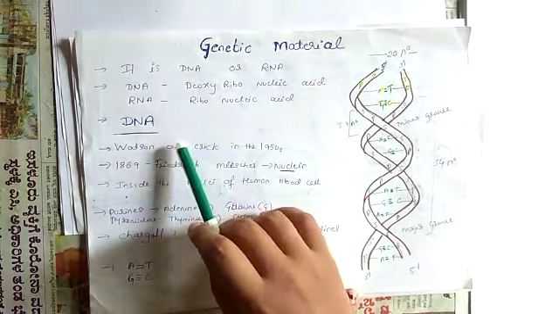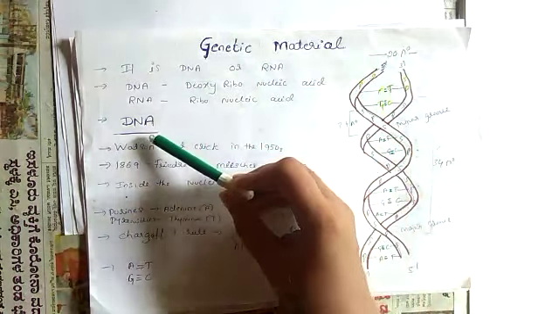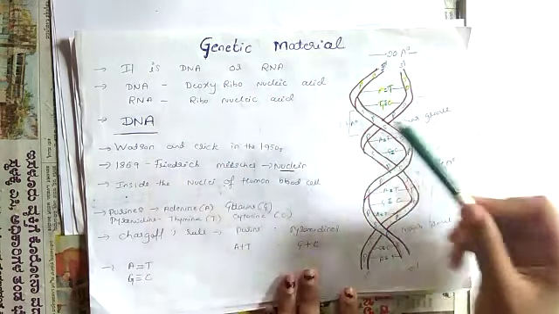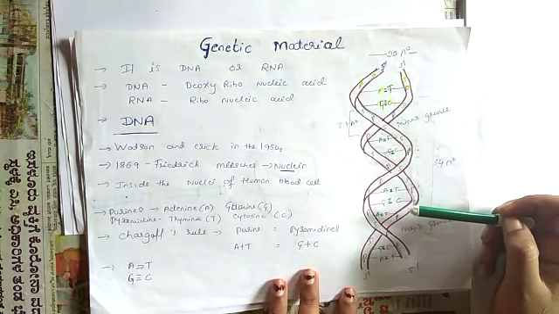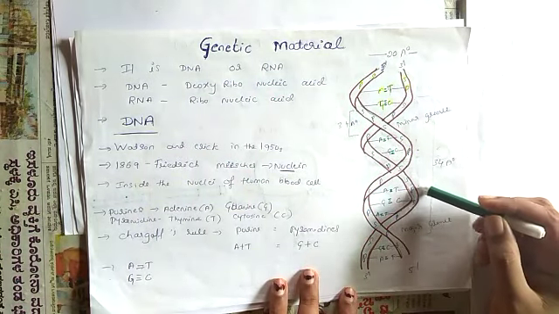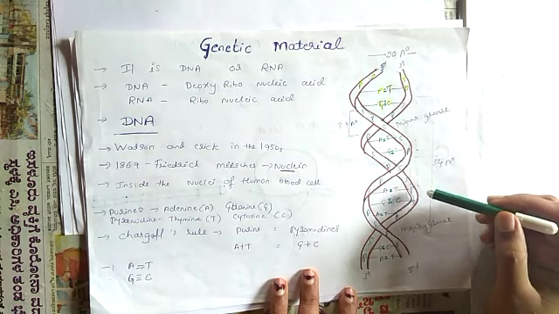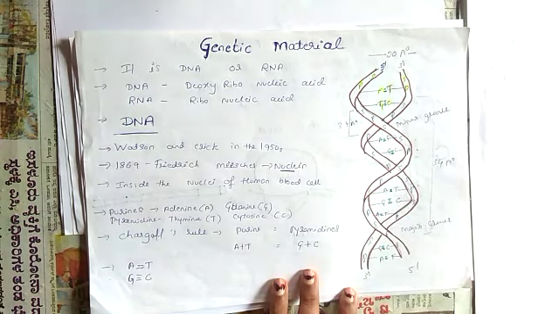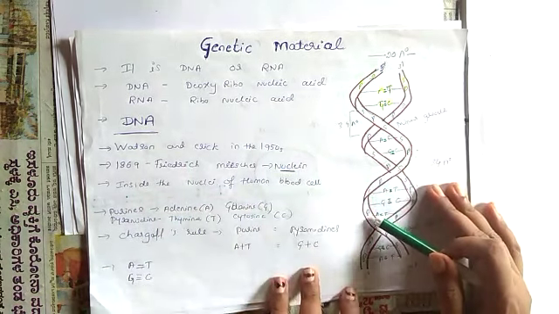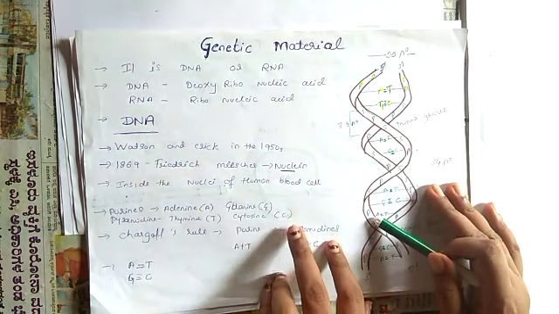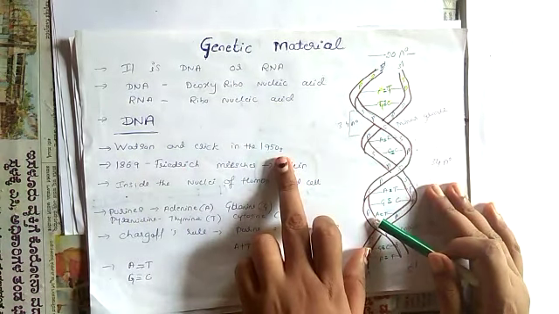Now first we'll take up the DNA structure. As you can see here, this is a diagrammatic representation. This DNA is a double helical structure, which was found by the scientists Watson and Crick in the year 1950, and they got the Nobel Prize.